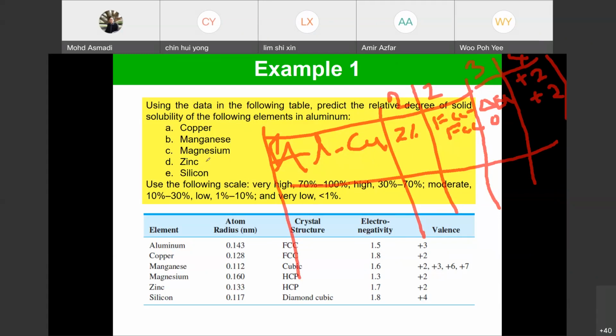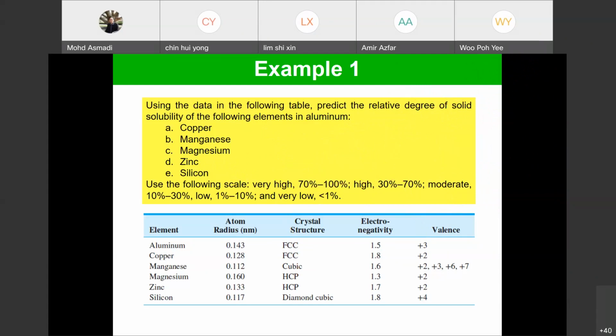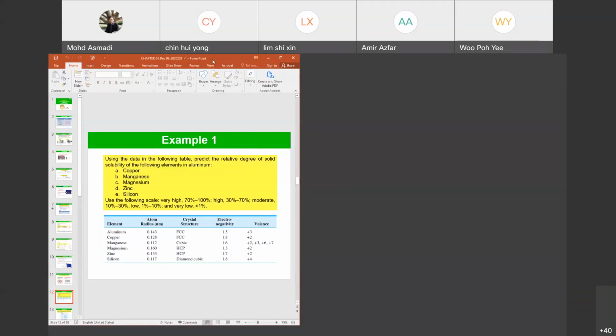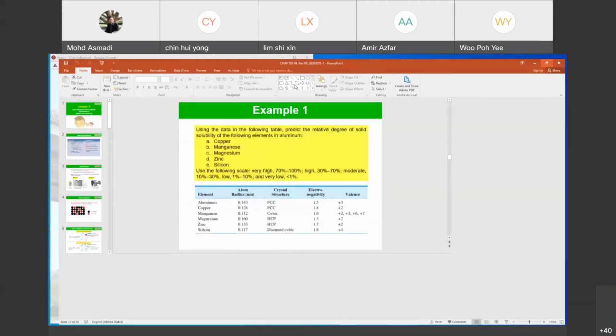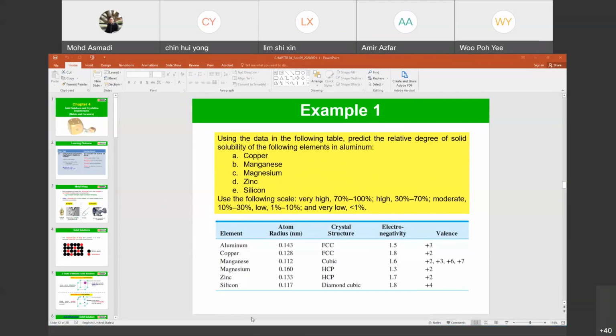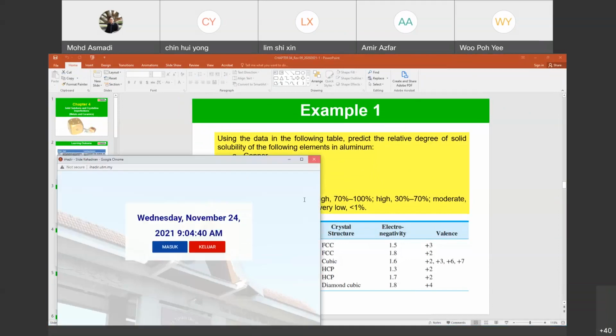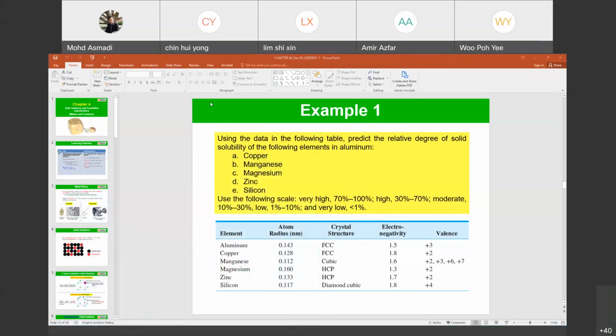This is very high, very high. Write the answer, it's just a prediction. Okay, can you do? I give you the Jamboard.